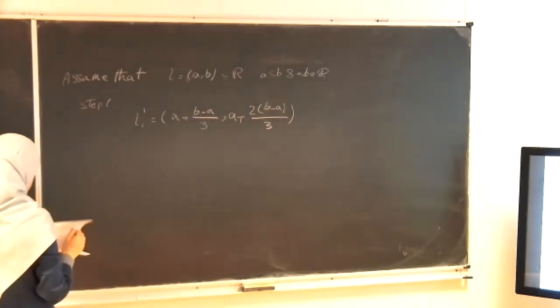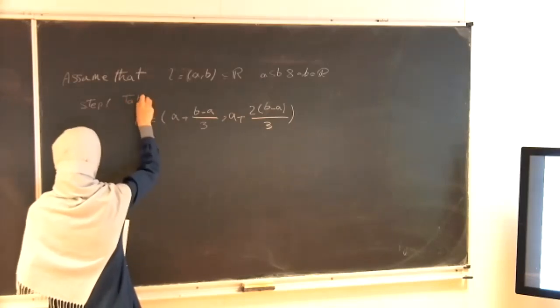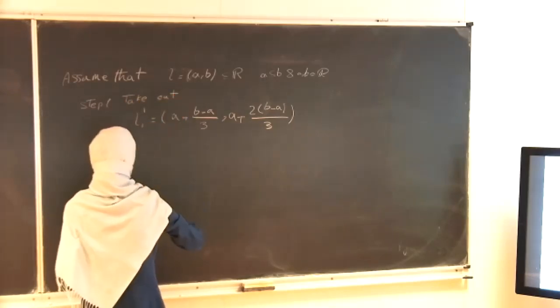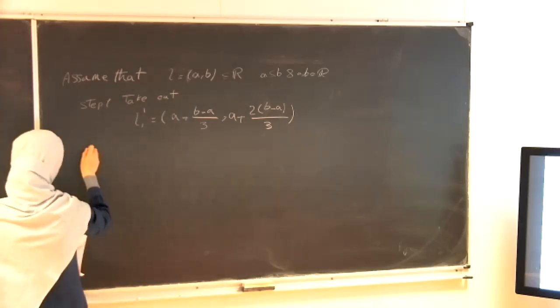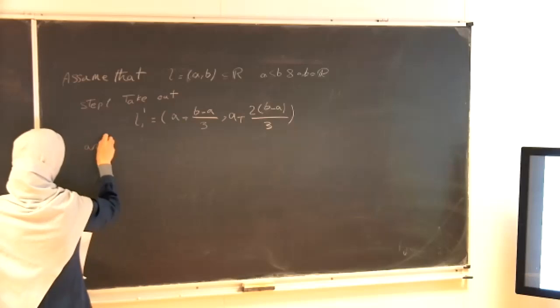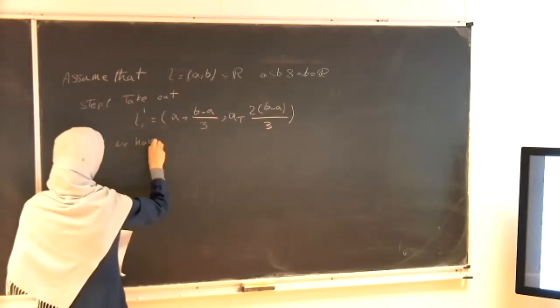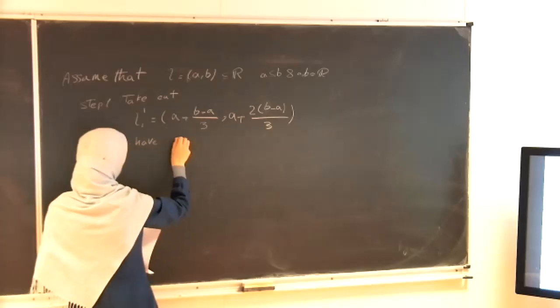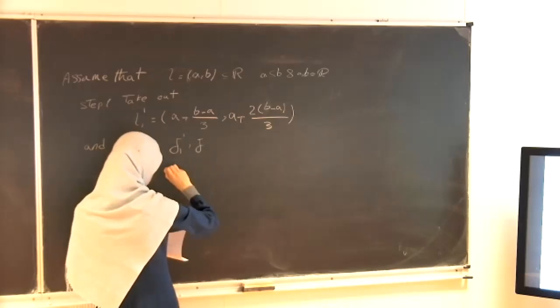We take out this interval, and the remaining closed intervals we call J11 and J21.